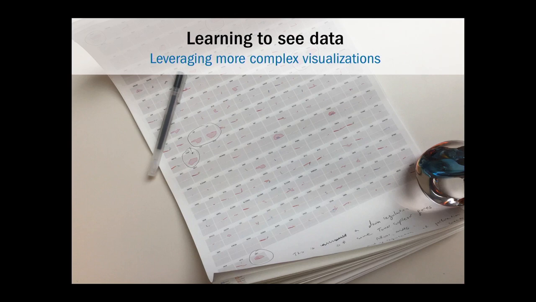By working together, people who produce visualization and people who rely on visualization can explore more sophisticated visual encodings, and then learn how to read and decipher them. I think we can together deal with more complex data.